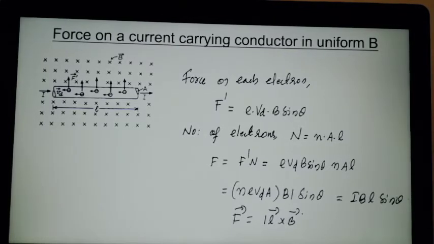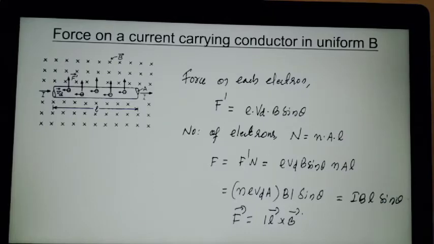You can remember that that is the current I, and B L sin theta. So you can take it as F is equal to I B L sin theta, which is equal to I L B sin theta. I L B sin theta, you can take it as I L cross B.